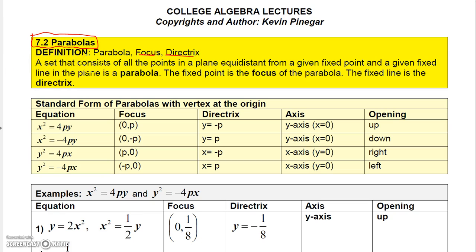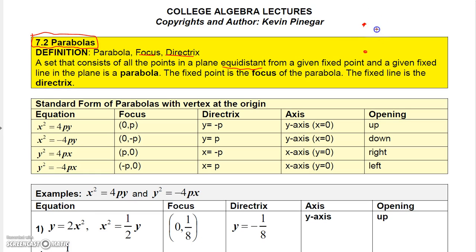It says a set that consists of all points in a plane that are equidistant, the same distance, from a given fixed point and a fixed line in a plane is called a parabola. So if you go back and think about some parabolas we had before, you could have a fixed point here and another fixed point here, and let's say the distance was a certain value.